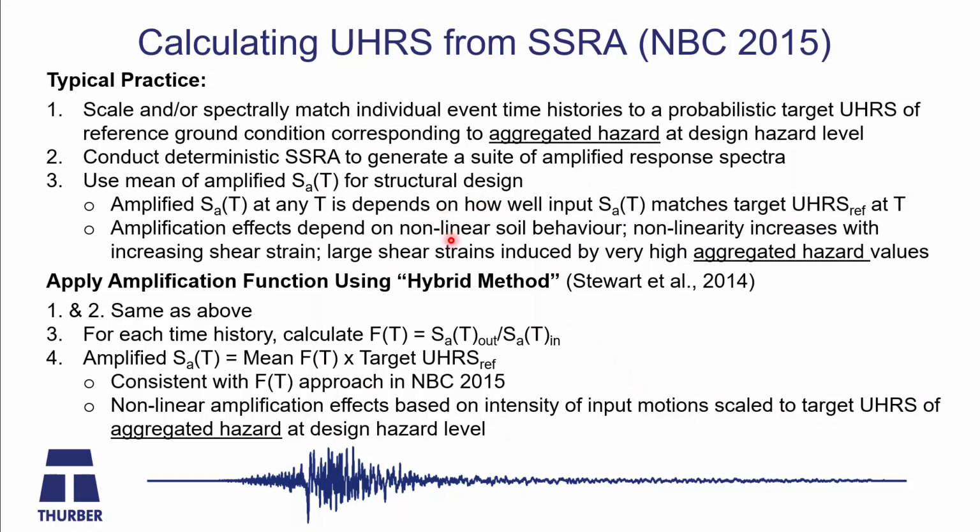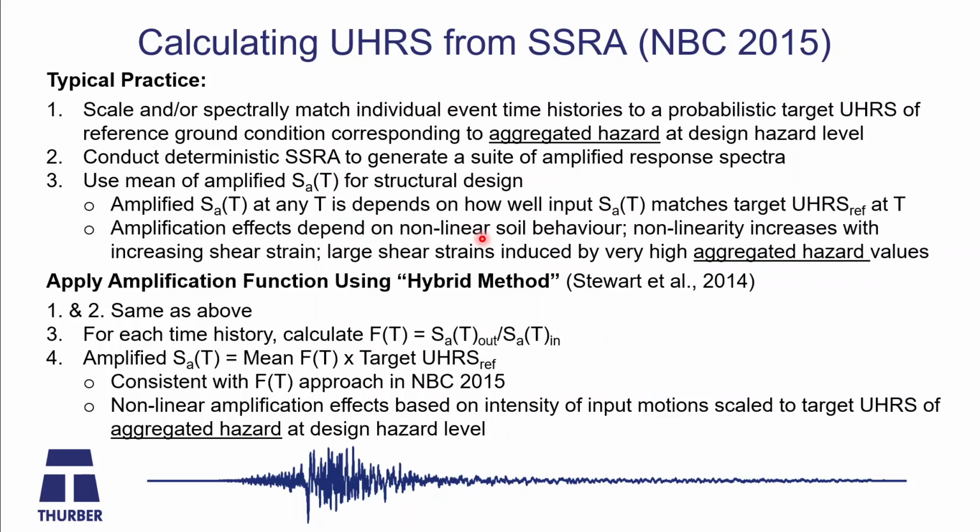So the other problem with this is the same problem that has been identified with 2015 in general, which is that by calculating your amplification based on, in this case, time histories that are scaled up to the aggregated probabilistic hazard, you're generating very high shear strains due to high ground motion values.